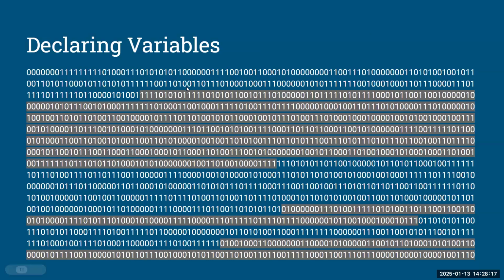If we go back to the memory, when we declare a variable, remember it's a location in memory. Each byte in memory has a location. This is a base 10 location. This is like the URLs on a website, right? That's a location, an address.